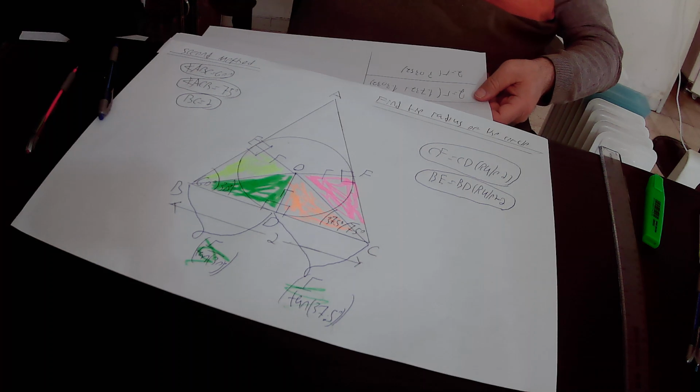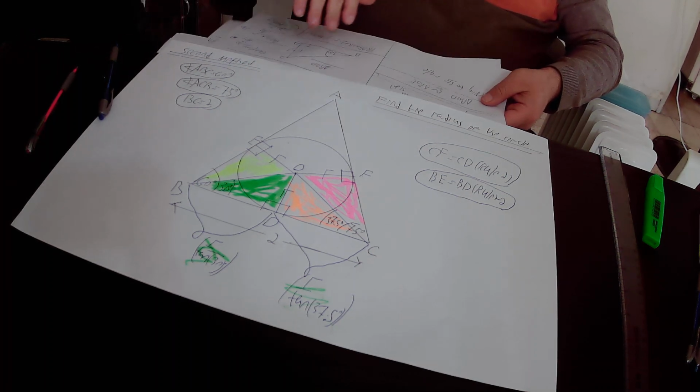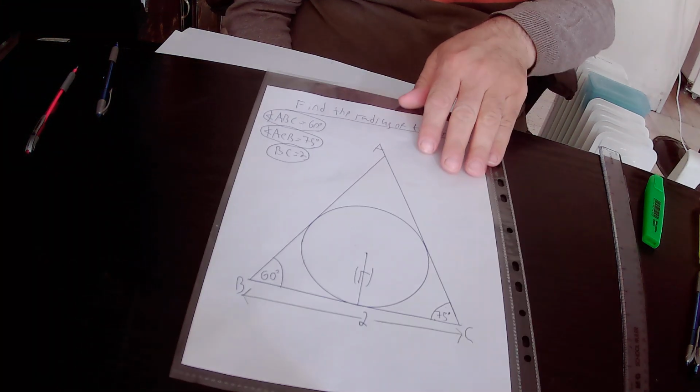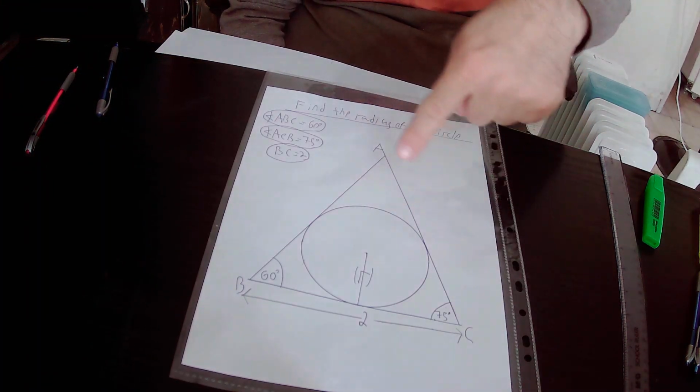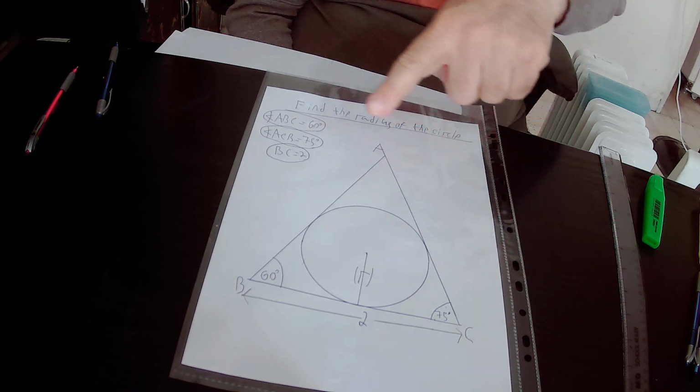We start with the first method, of course. In this lecture, we found the radius R of this circle that is inscribed in triangle ABC.